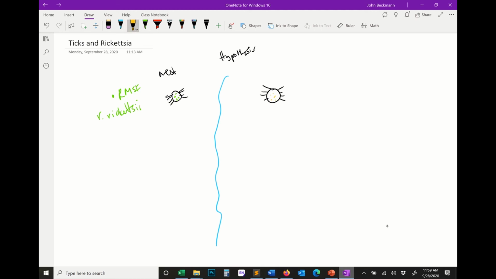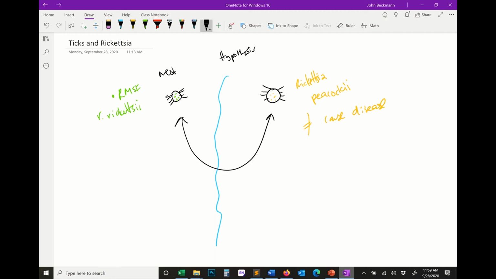And ticks on the east side are infected with a different Rickettsia, which is Rickettsia peacockii. And Rickettsia peacockii does not cause disease.